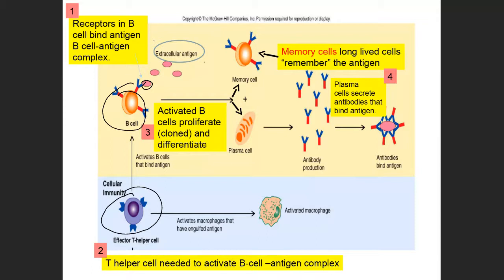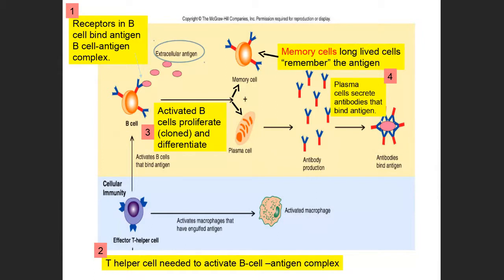When the T helper cell encounters this antigen, it becomes activated and secretes interleukins that will activate the B cell to differentiate into a plasma cell. So if the T helper cell is not there, the B cell is not going to respond to an antigen. We need the T helper cells to present the antigen to the B cells.